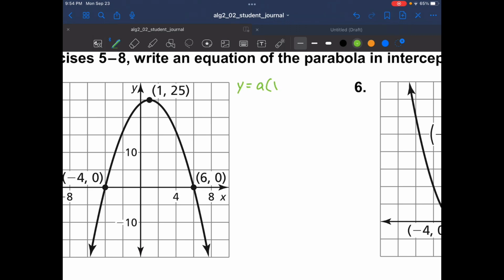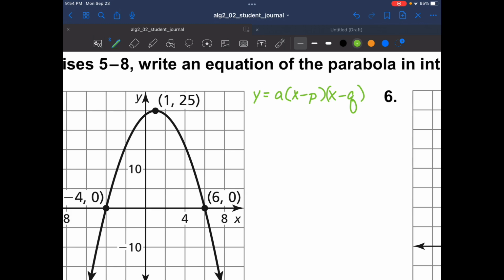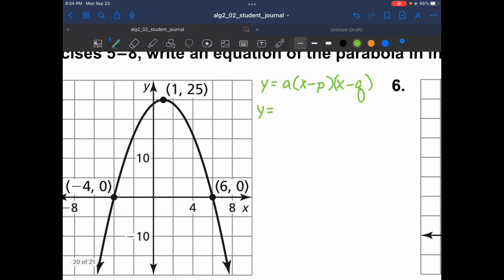We're going to have y equals a(x minus p)(x minus q). Okay. We're going to plug our points in. So we're going to have y equals a times (x minus -4) times (x minus 6).